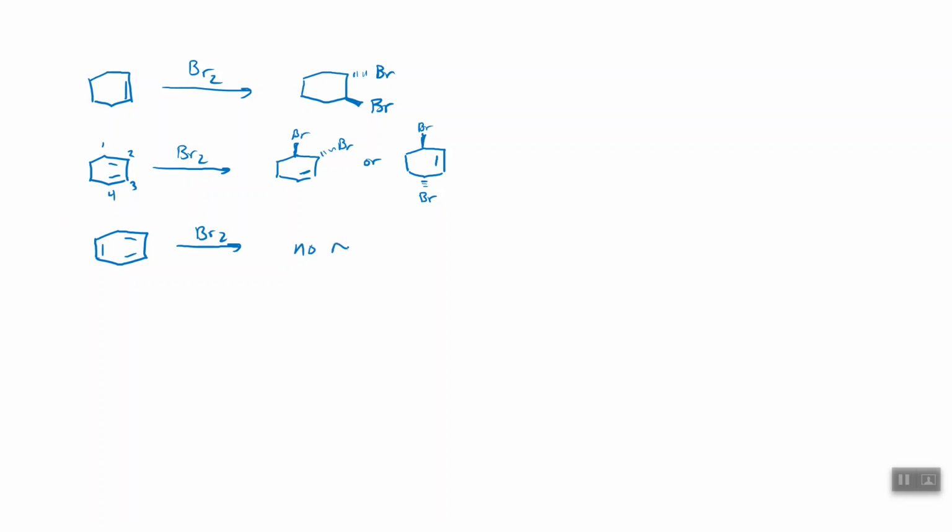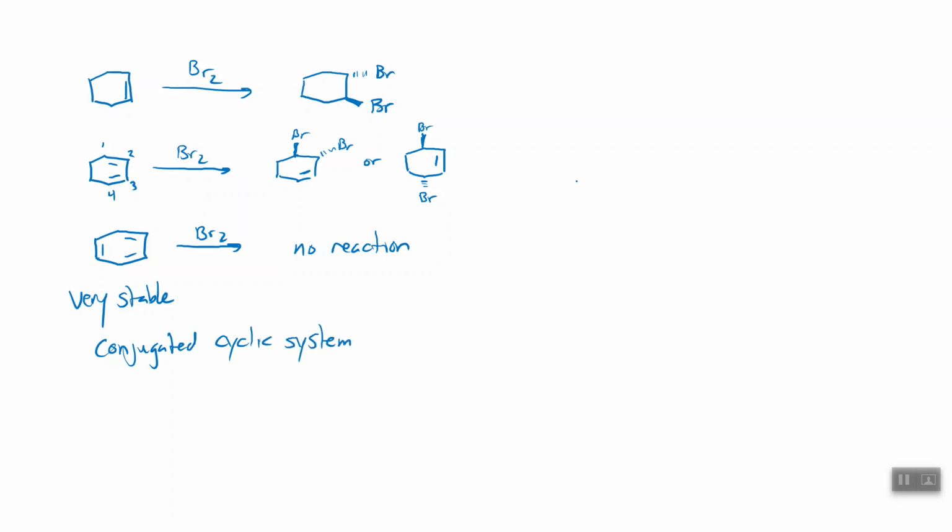That's exactly what happens here, is that all of a sudden you get this very, very stable benzene ring that does not react with Br2, and so you don't get this addition reaction or anything. And so what happens is we get this very, very stable conjugated cyclic system.